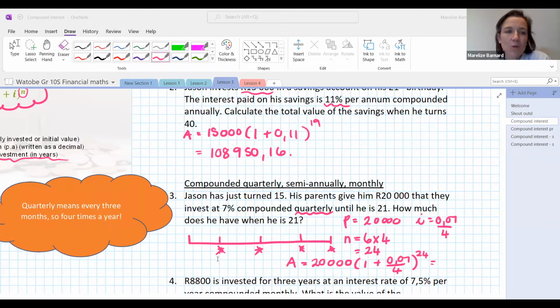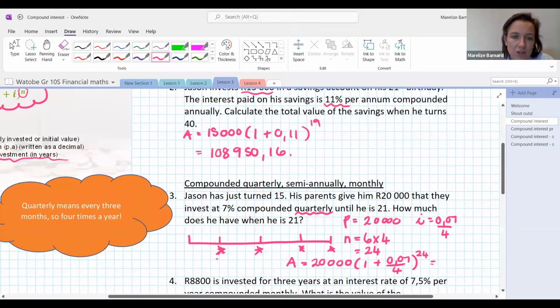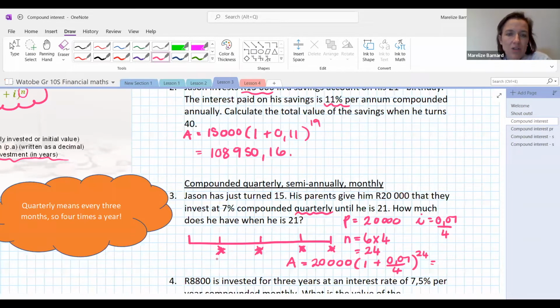I said about the quarterly, and I drew the diagram here for you as well to show you that when we compound quarterly, we take our interest rate and we divide it by 4, because every 3 months you're going to get some interest. That's what compounded quarterly means. That's why we are dividing the interest rate by 4.